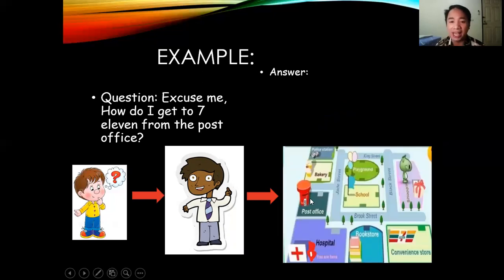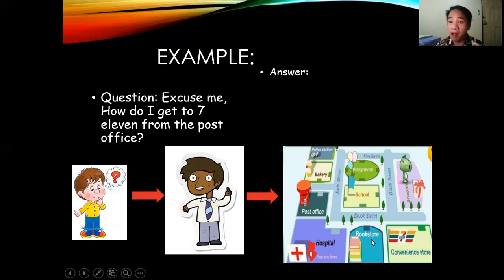The 7-Eleven, or the convenience store, is here. So how will you say? This is the Jade Street, followed by the Brook Street. And beside the convenience store is the bookstore.